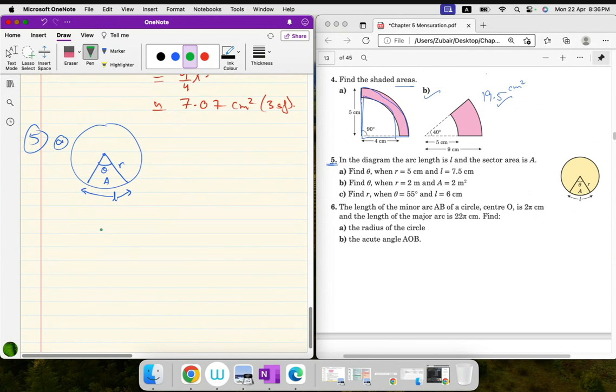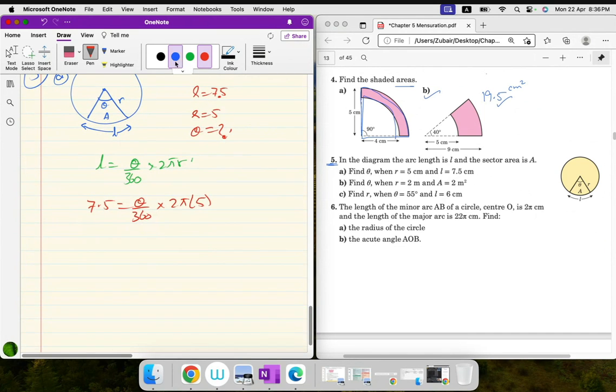So when arc length is given, I'm going for that formula. Arc length is angle by 360 into 2 pi r. Now you just plug in the given values. Arc length given is 7.5 and radius is 5, where theta is unknown. For the first step, I'm going to keep it in exact form: 7.5 times 360 and all of this is coming here, that is 10 pi equals angle.